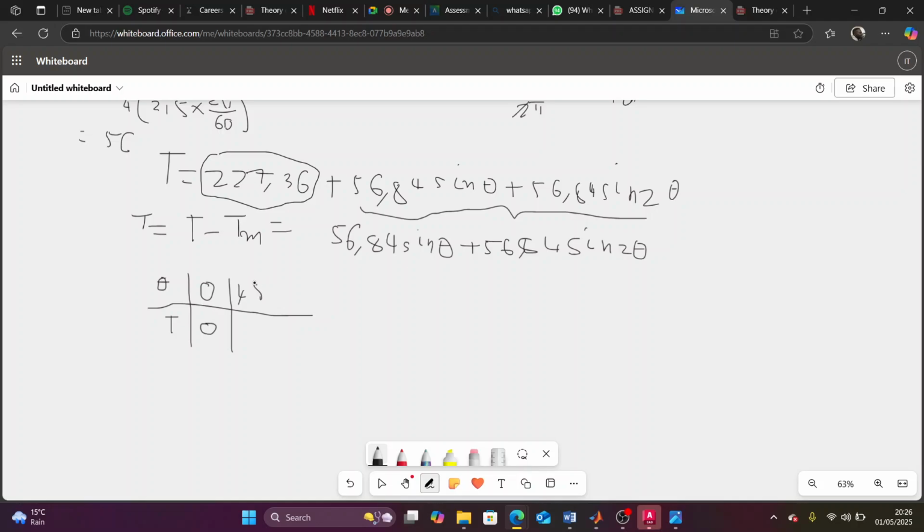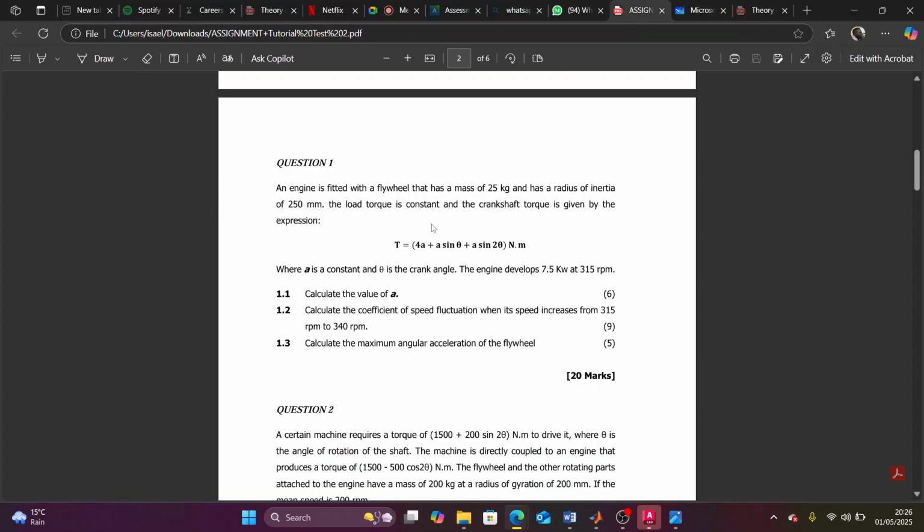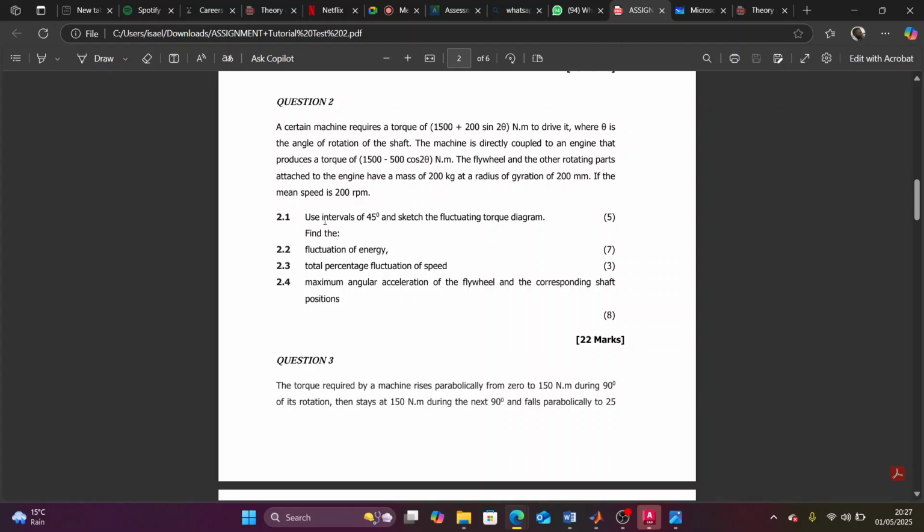I think on the problem here, you see this one here, Question 2. Can you see question 2, Andile? Yes. Do you see when they say use the interval of 45? On this topic, whenever we have such a question, we'll be using the interval of 45.